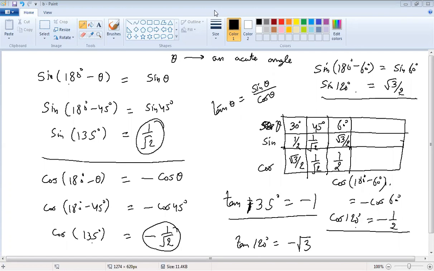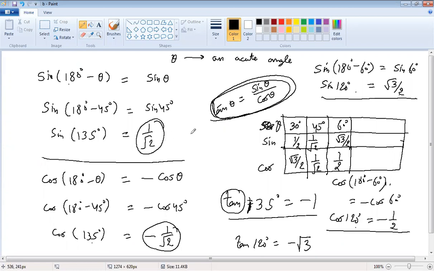Sir, please explain tan 135 once more. Okay. Tan 135, only that part. So tan theta is equal to sine theta divided by cos theta. You know, na?